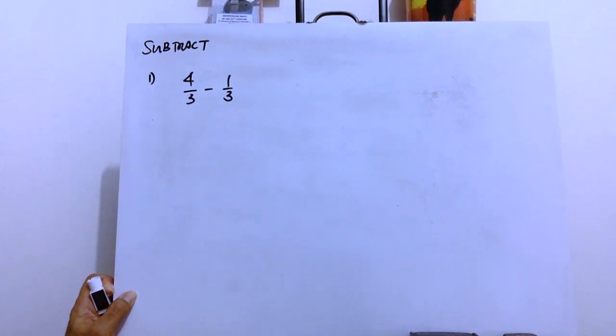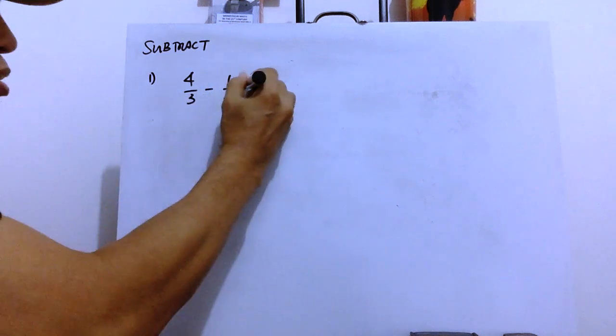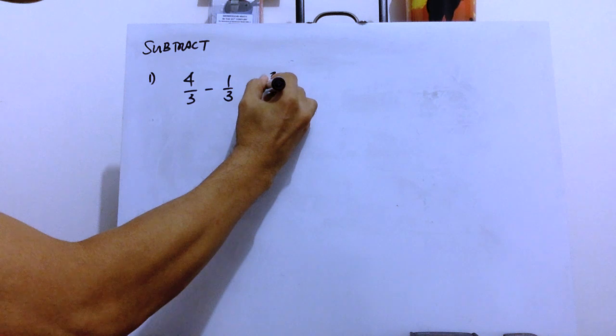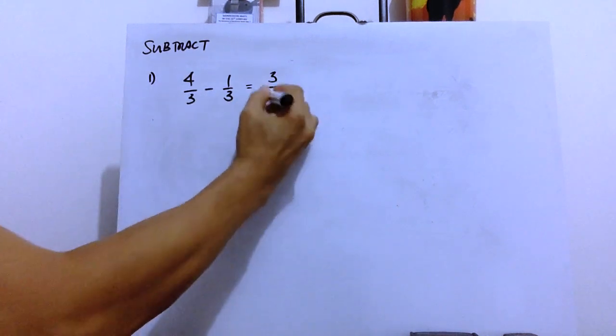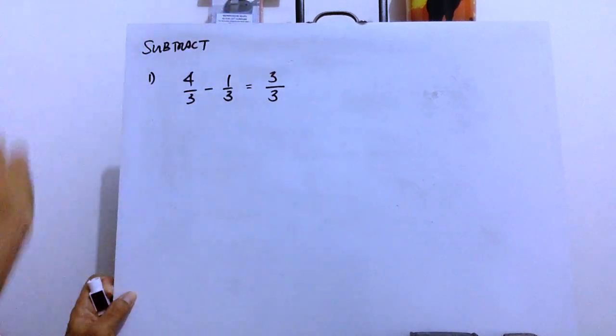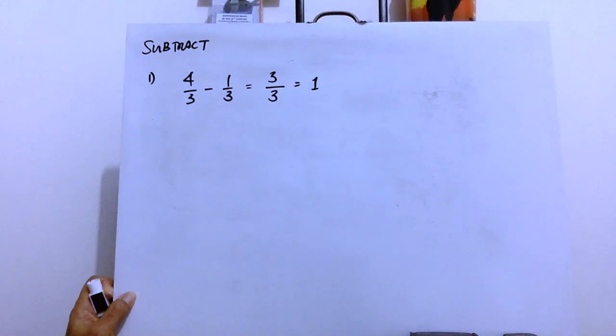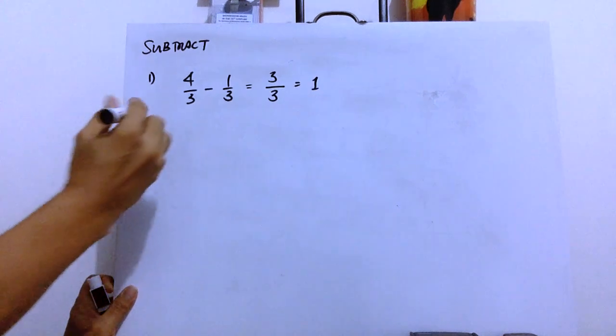Notice they are similar fractions, so it's easy to subtract. Just subtract 4 and 1, we'll get 3, and then just copy the denominator. There you go. And then simplify. Always simplify your fractions.